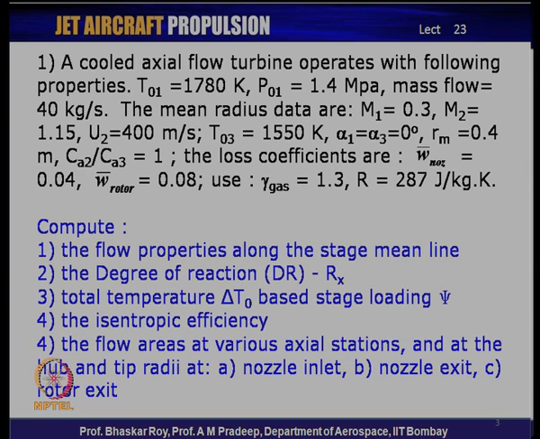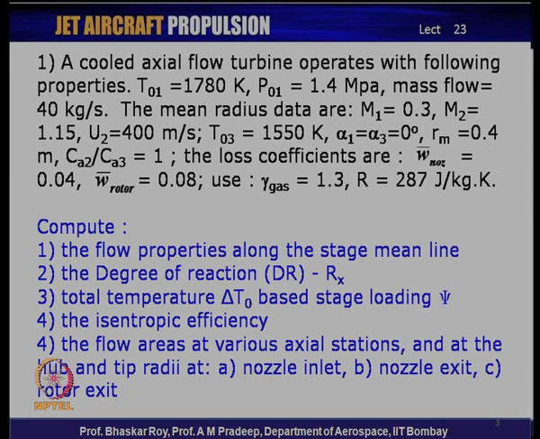T03, that is the exit temperature from the turbine, is given as 1550 K, and some simplistic angular parameters are prescribed here, that is alpha 1 is equal to alpha 3 is equal to 0 degree. That means, flow is coming in and going out axially.